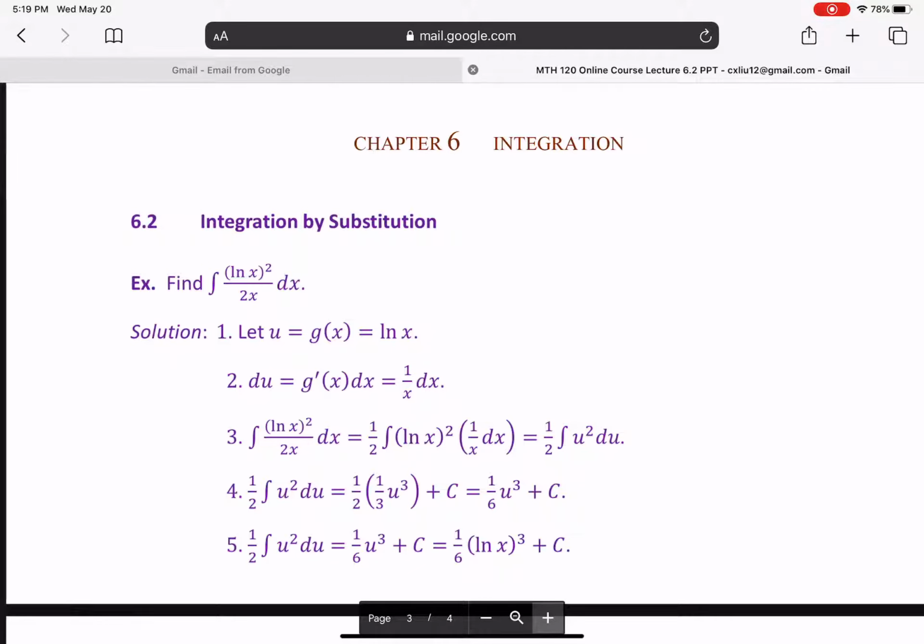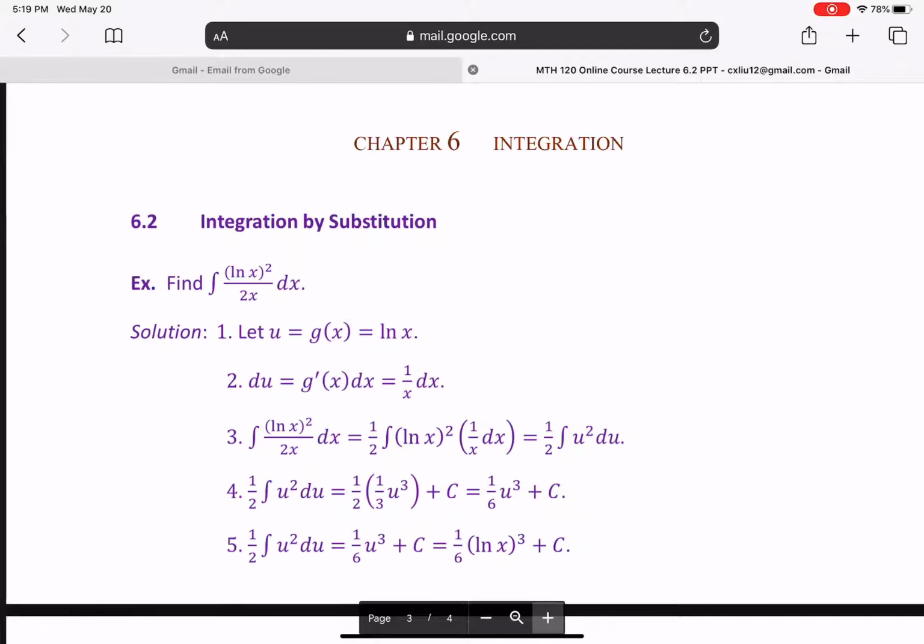Step 3, we can replace the original integral by using the new variable u. So we can take out 1/2 to get 1/2 times the integral of (natural log x) squared times 1 over x dx if we regroup it. And that can be written as 1/2 times the integral of u squared du, since ln x is just u and 1 over x dx is du.